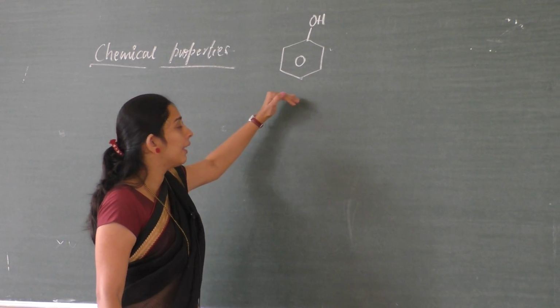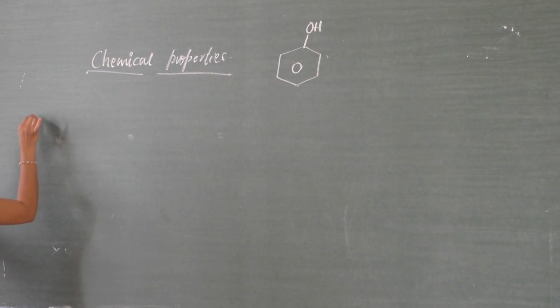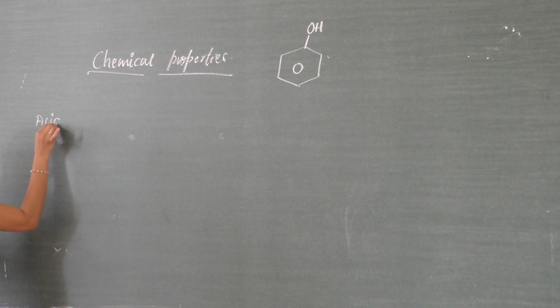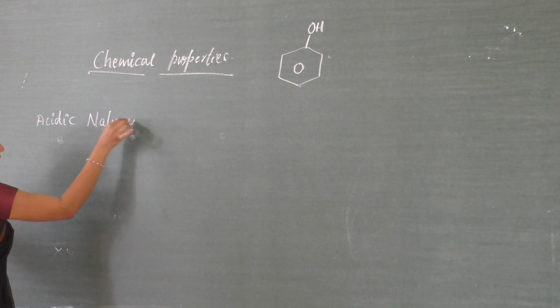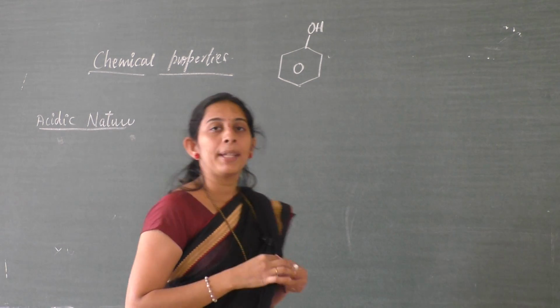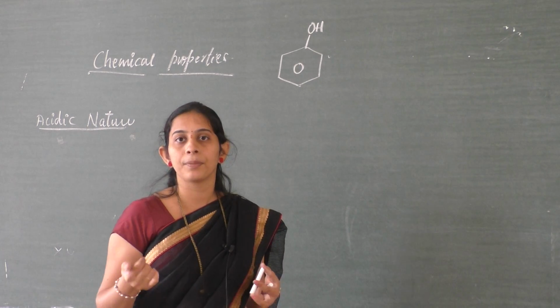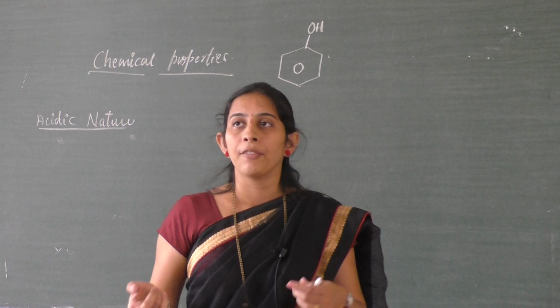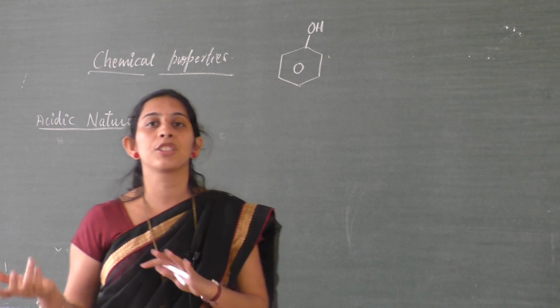As we want to discuss its acidic nature, how can we discuss it? We say that phenol is acidic. That can be explained by treating phenol with a metal such as sodium or aluminium. We discussed the same acidic nature in alcohol also, how it reacts with a metal.